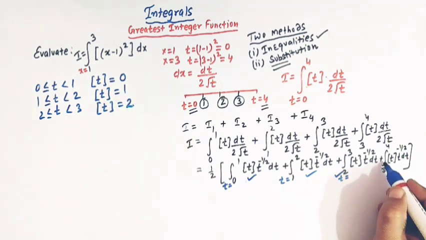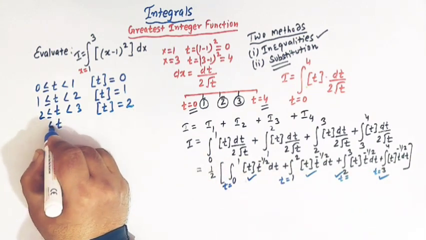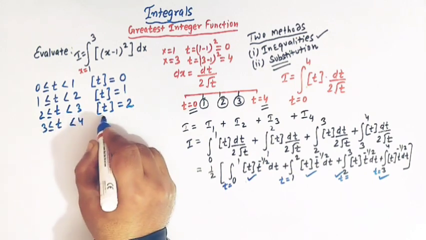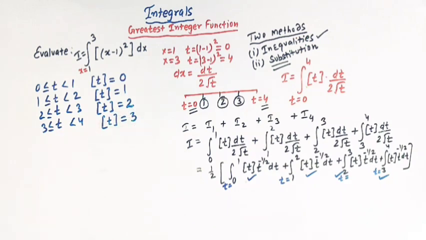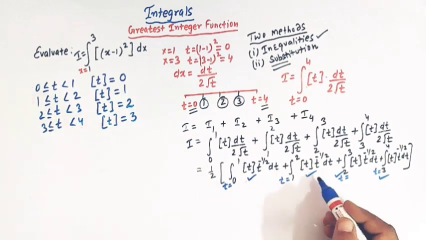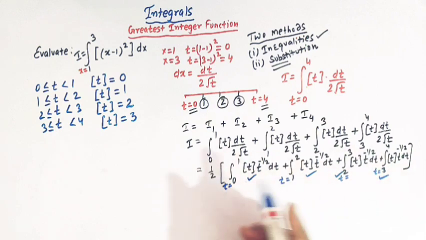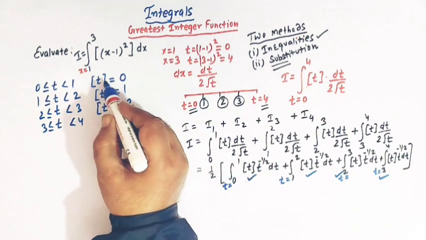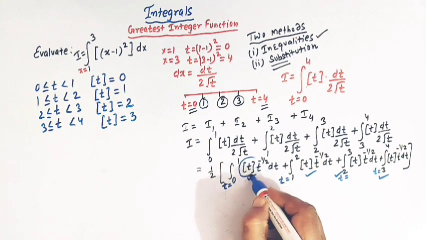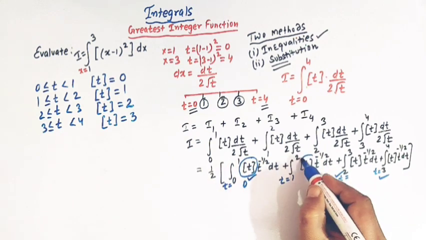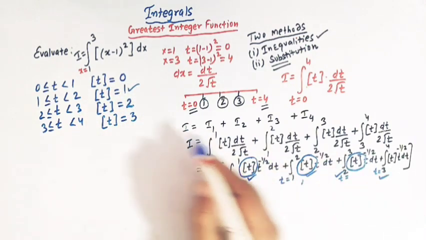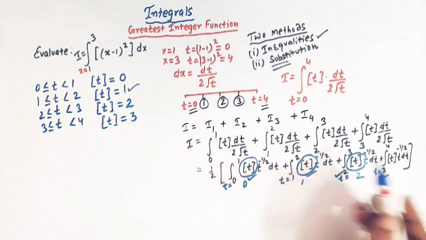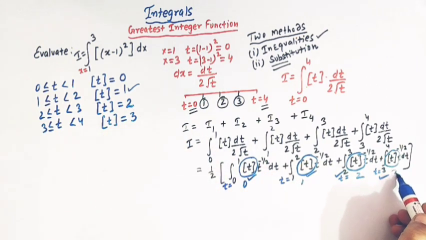And in the fourth integral, the value of t goes from 3 to 4, so the greatest integer of t should be equal to 3. So in these four integrals, we have written the value of greatest integer of t. So here we have 0, here we have 1, here we have 2, and here we have 3.